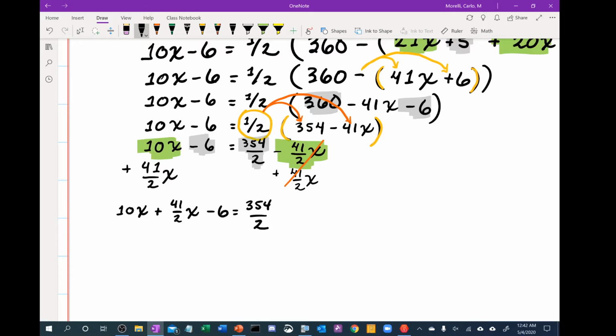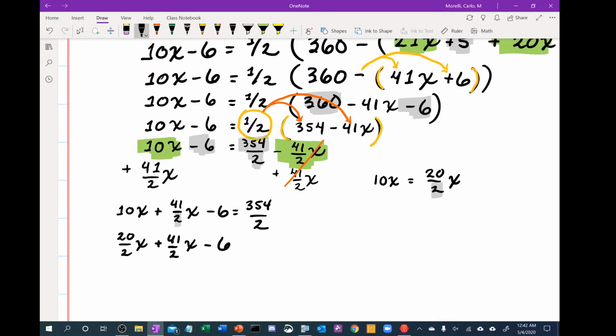So over here, I want to point something out. 10x can be rewritten as 20 over 2x. The reason I'm doing that is because I need to have a common denominator with 41 over 2. So I have to rewrite 10x as 20 over 2x. So that's my first thing. 20 over 2x. That's equivalent to 10x plus 41 over 2x minus 6.